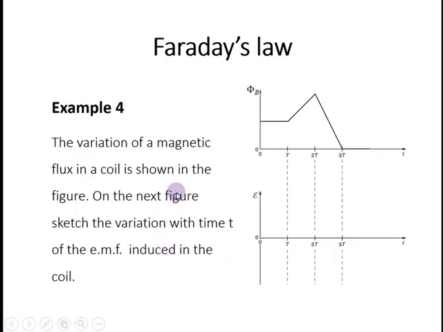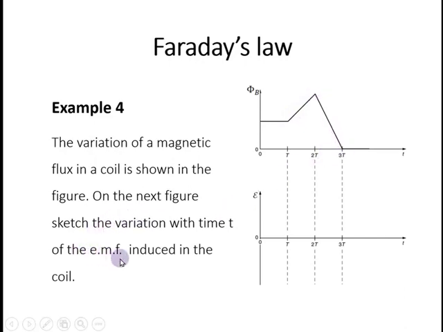Our last tutorial question. So we have the flux that is varying with time according to this graph. At the beginning of the time, the magnetic flux was not changing. Then at this point, it started changing. Then at that point, it started reducing to 0.